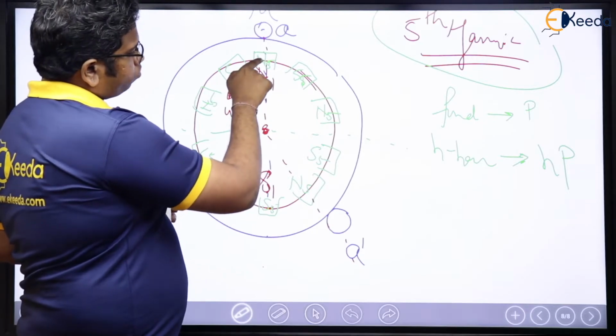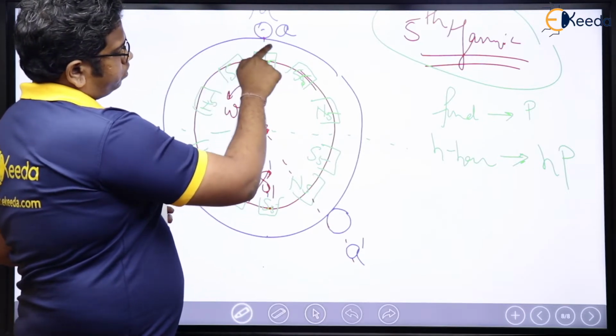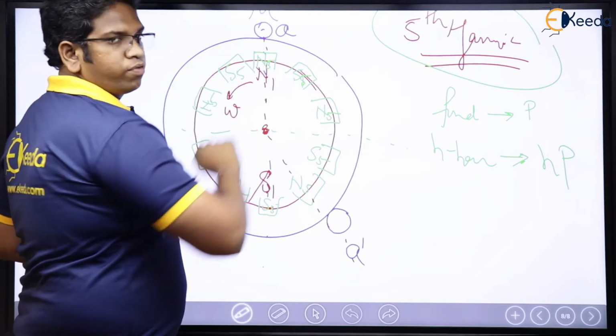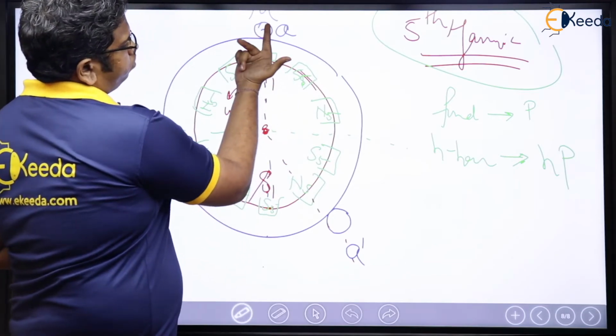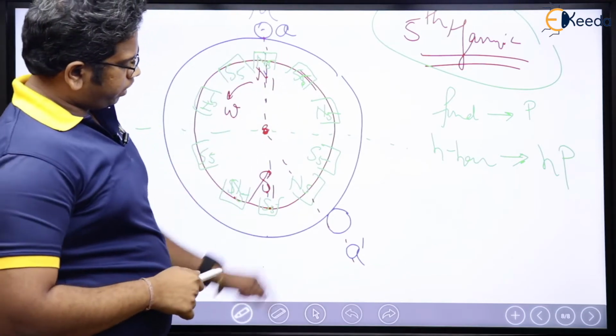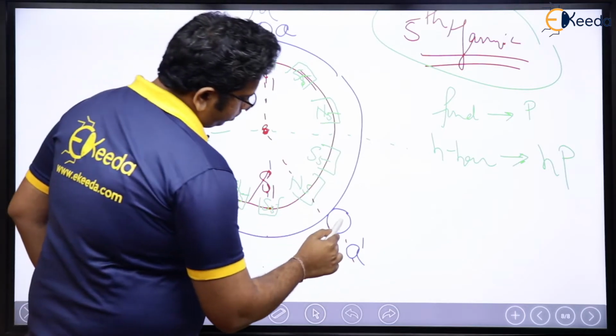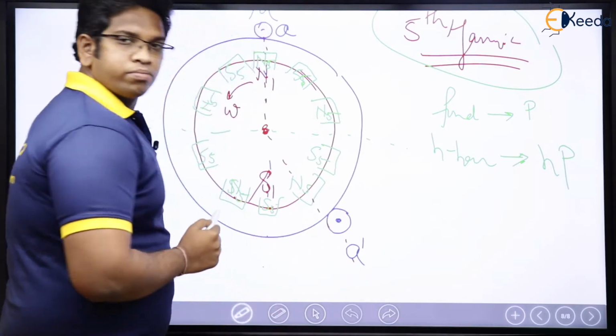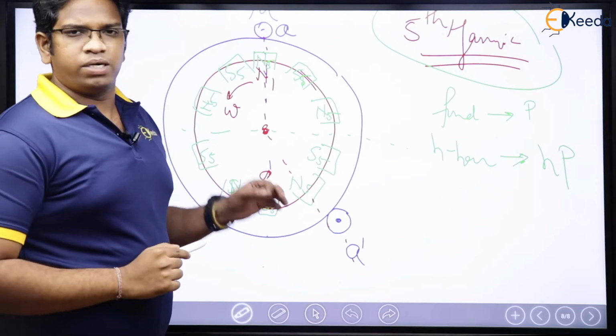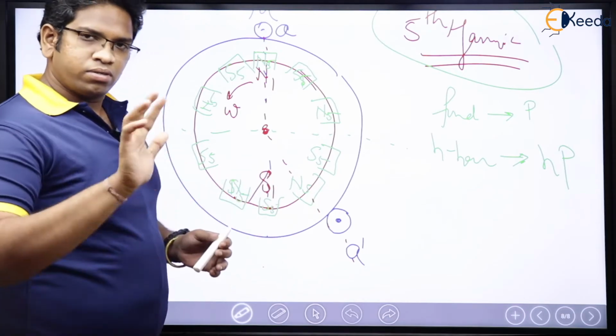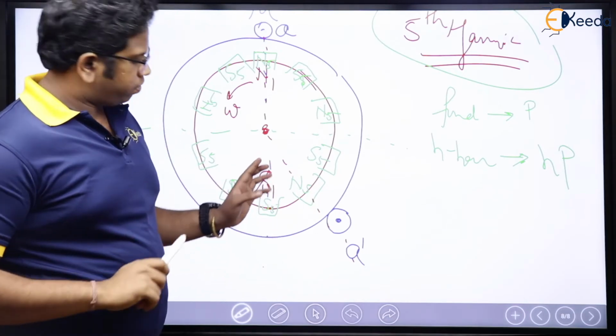North pole is moving in this direction, which means with respect to flux, A will be moving in that direction, so it is going to be dot, as usual. Similarly, here also, if you think this is north pole, dot will come. We have done this analysis many times, right? Still, for understanding, let us take that.